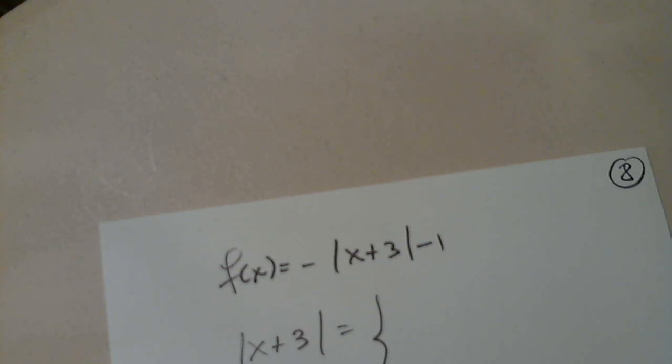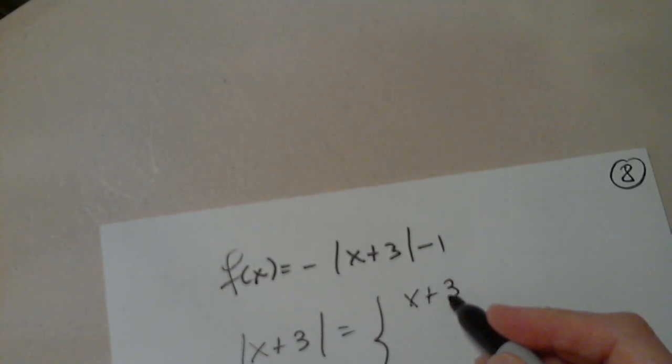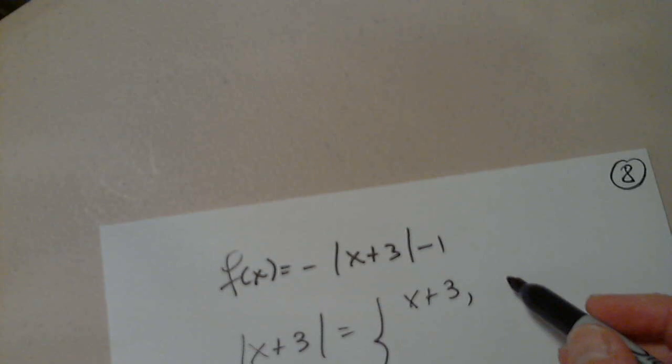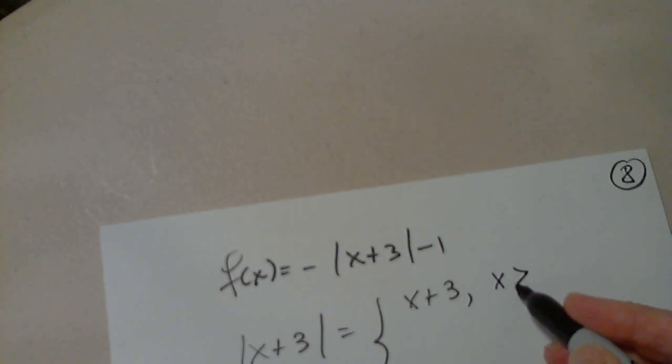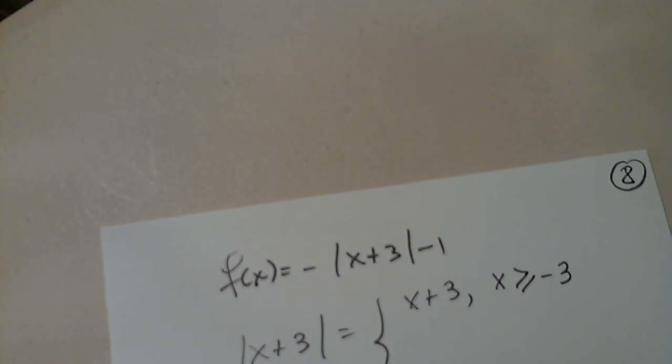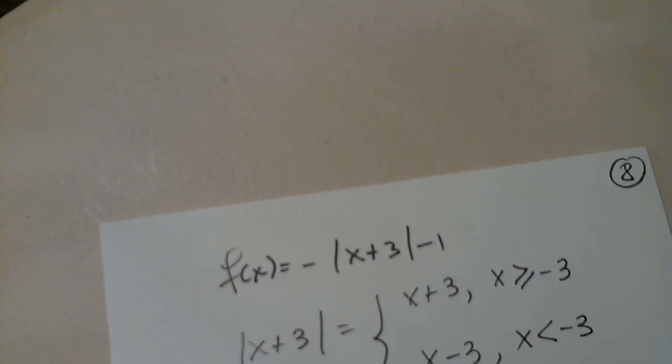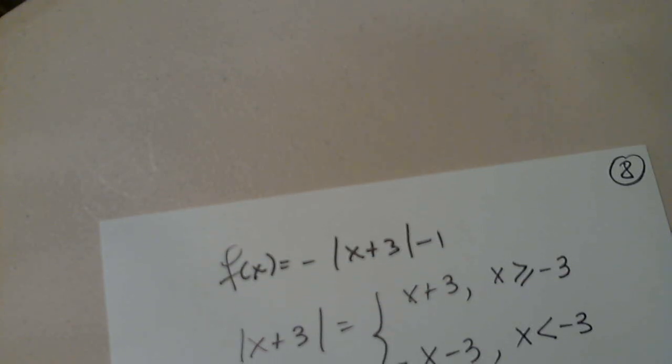Anyone would like to help? Plus 3. Yes, indeed. x greater than or equal to minus 3. Correct. Excellent. And the other one is the opposite. I don't have to do anything, just copy the opposite of that inequality. Awesome. Thank you, Alex. Good.